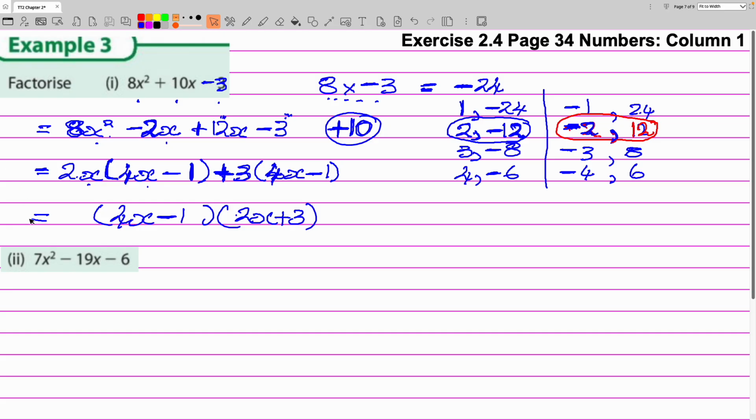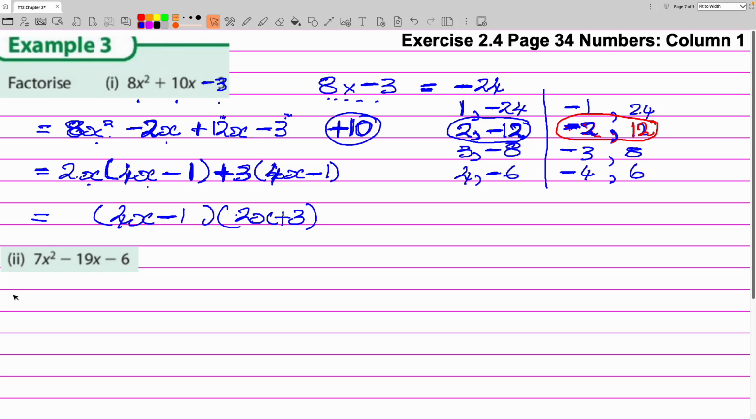Now, the only homework I'm setting you as an extra question, and I will go over that on Monday, is can you do this one? What's the first number? What's the last number? No, it's not.